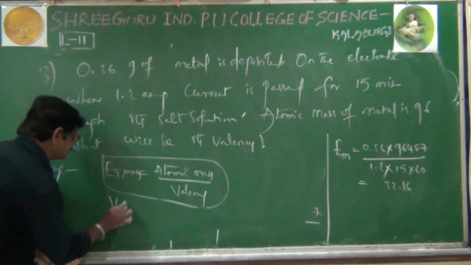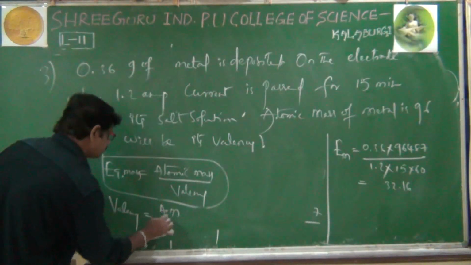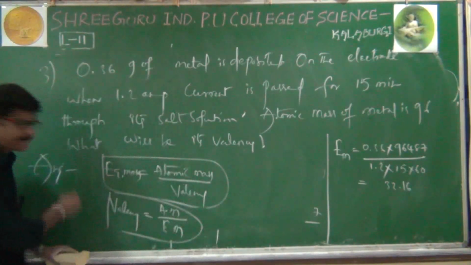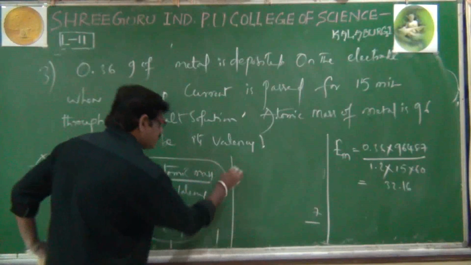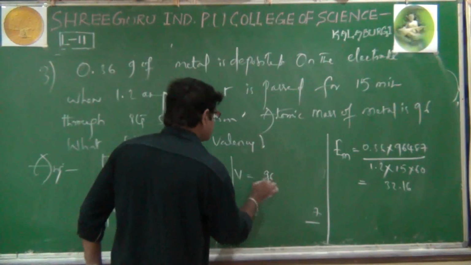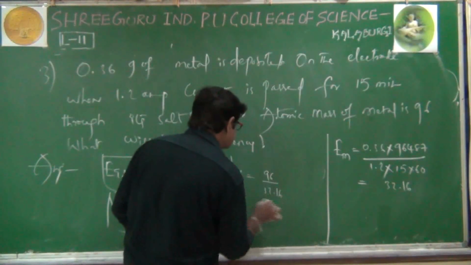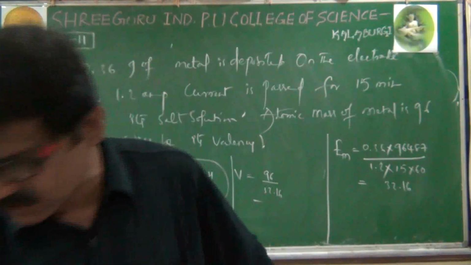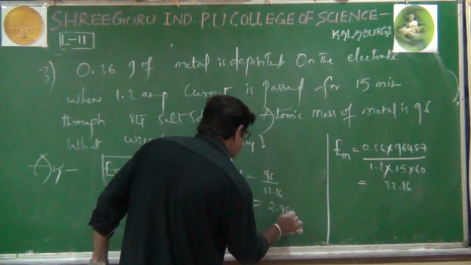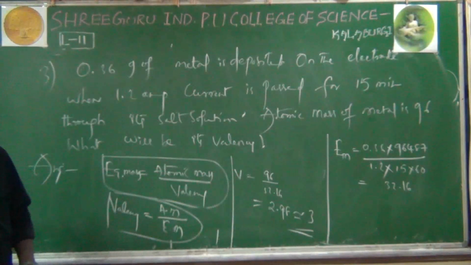Therefore, valency is equal to atomic mass divided by equivalent mass. Valency is equal to atomic mass, already given in the question, 96, divided by the equivalent mass just calculated, 32.16. If you calculate, you will get 2.98. We can make it 3. That is your answer.